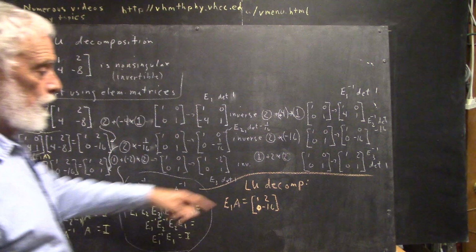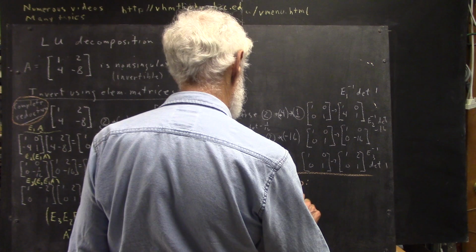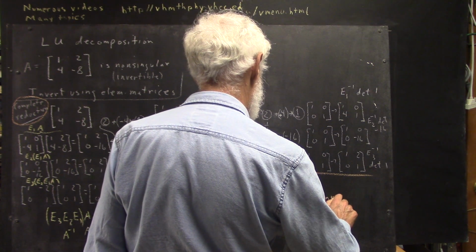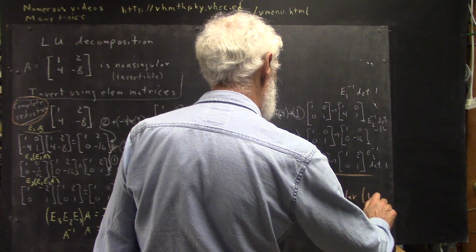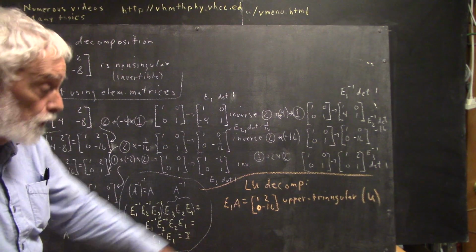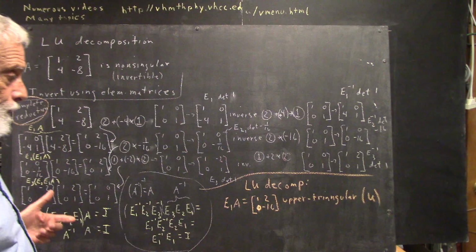Okay, well, this is upper triangular, which is what we mean by U. It's a U matrix, an upper triangular matrix. Okay?